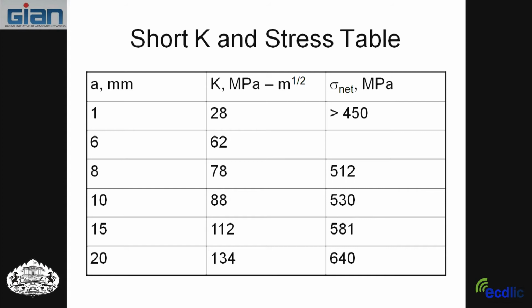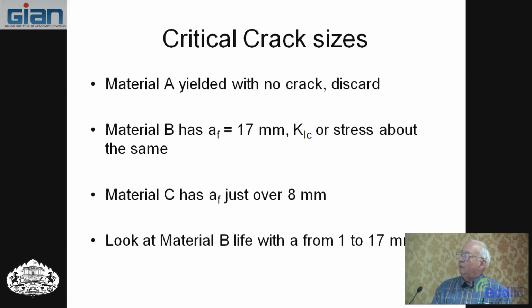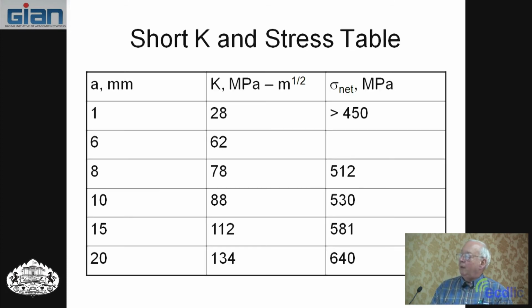So here's a table again of K's and net section stress. Now, at the peak, K is 28 and stress is 450 for just a 1 millimeter crack. So material A in a hurricane would be way above the yield. The yield was only 300, so you'd be way above the yield and throw that material out right away.